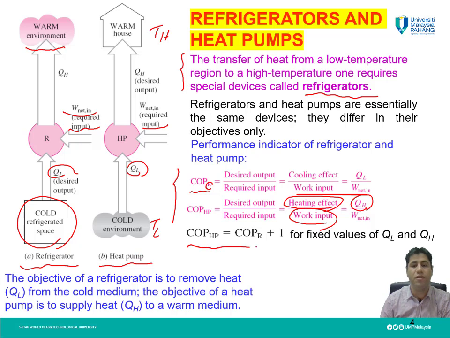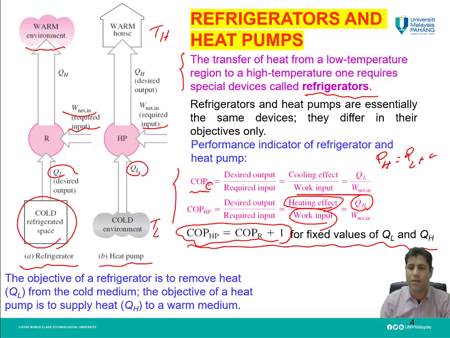We also have a relationship between the COP of the heat pump and the COP of the refrigerator when they work between the same temperatures, and also when they transfer the same amount of QL and QH to the warm house. We can easily prove this equation if we substitute the amounts we have here, noticing that QH is equal to QL plus W net in.